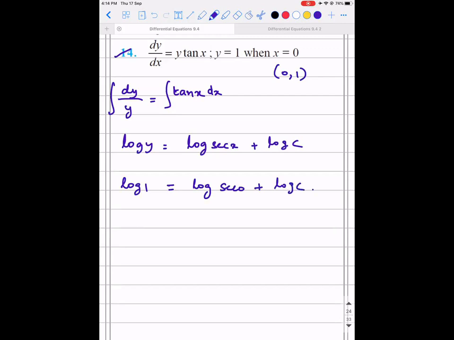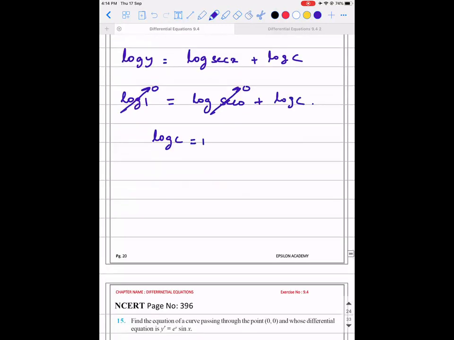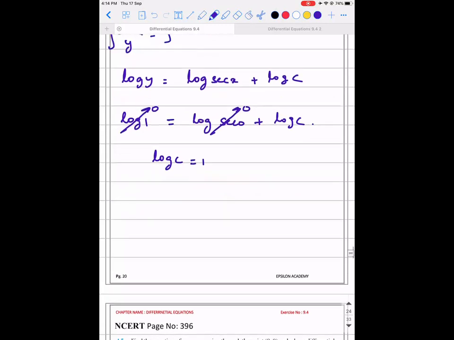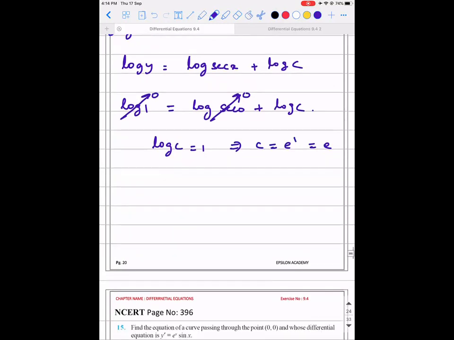So what do you get? 0, 0. So log c will be equal to 1. Sir, secant 0 is 1, sir. Secant 0 is 1, but log of 1 is 0, no? Oh, okay, sir. So log c will be equal to 1, which implies c is equal to e power 1, that is e.